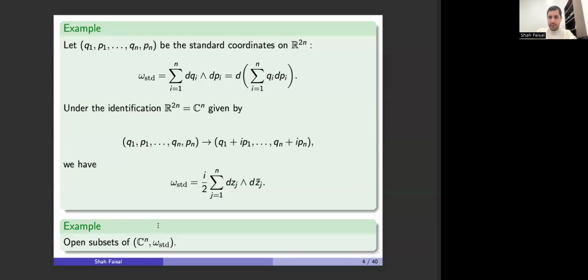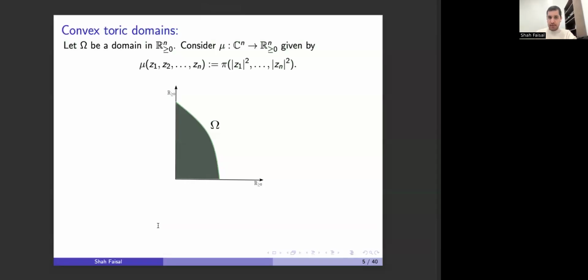So I'm going to define them now. Take a domain in the positive part of Rn. So these are basically vectors whose components are all non-negative. So you can just imagine something like this. I have shown it in dimension 2 where n is equal to 2.